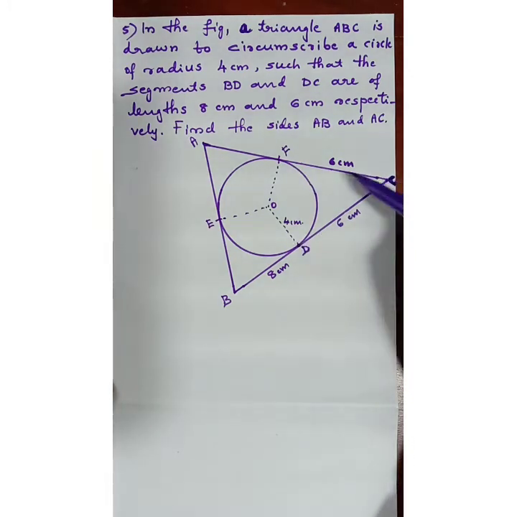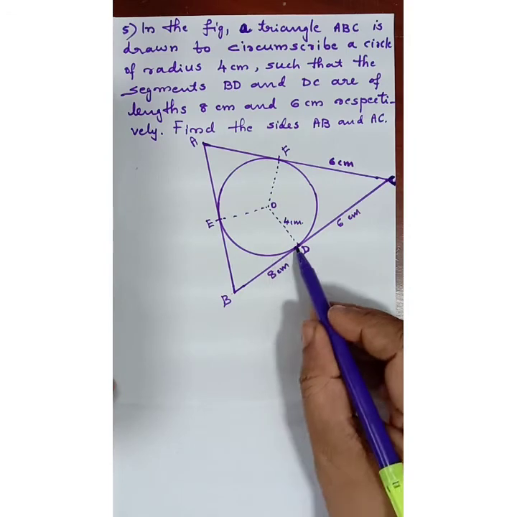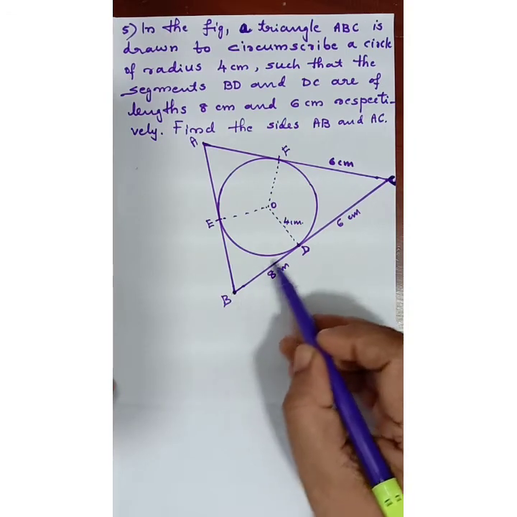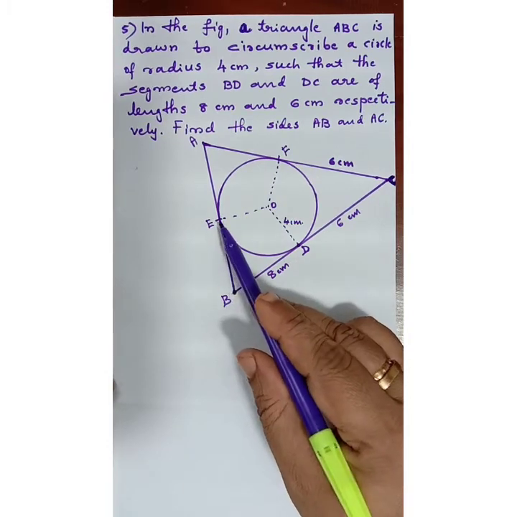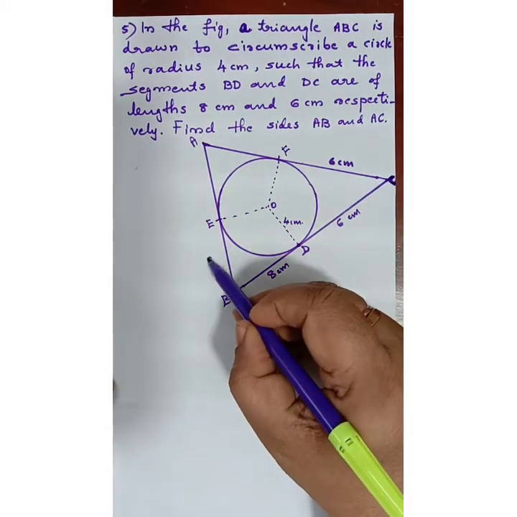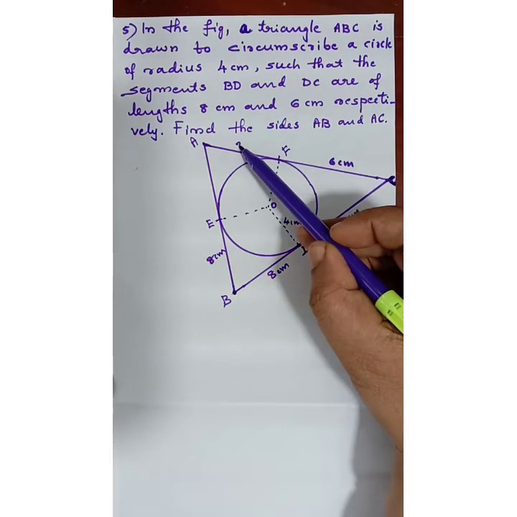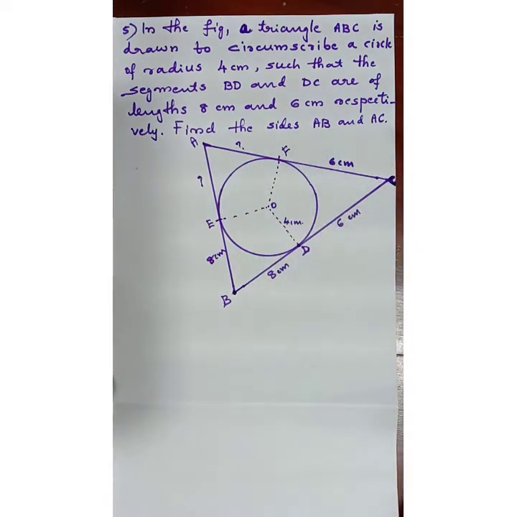So CD equals CF. CD is given as 6, therefore CF is also 6. Here BD is equal to 8. From external point B, we have BD and BE as two tangents. They are of equal length, 8 centimeters. Our idea is to find out what AF as well as AE are.